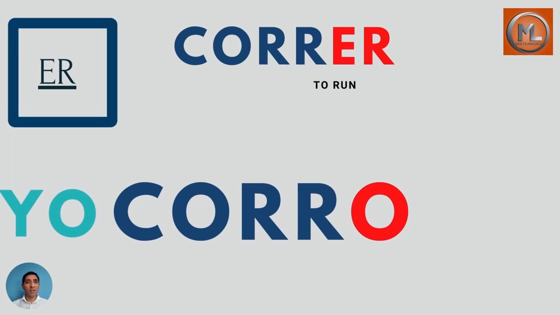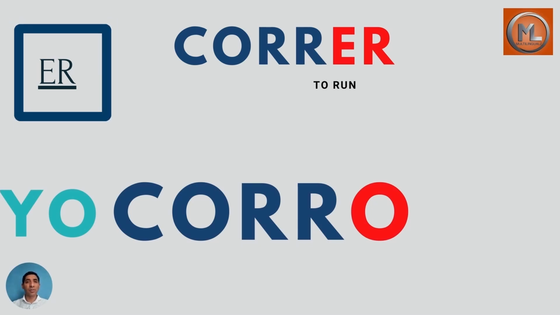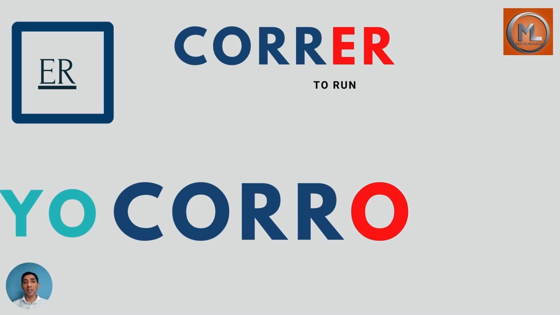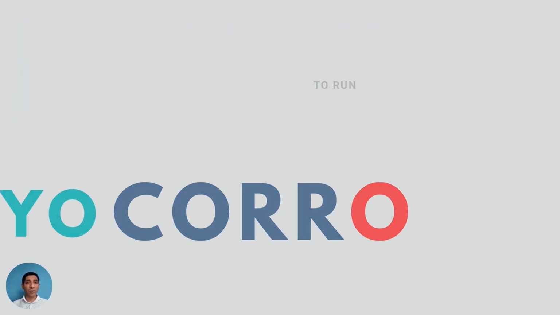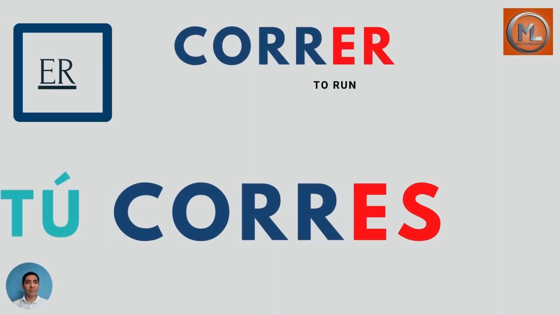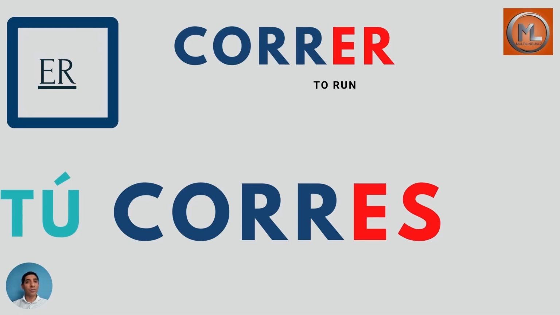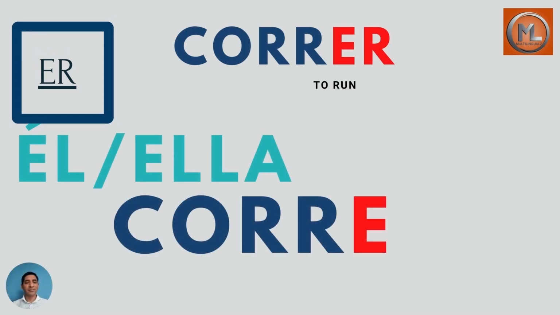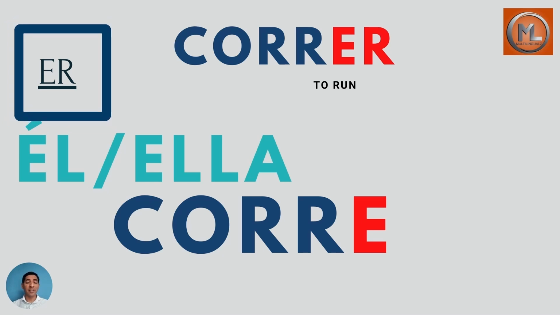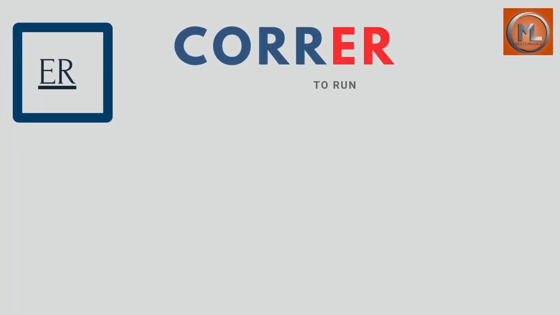Now let's take another verb, this time with the second conjugation ended in er, such as correr, to run. So the conjugation would be yo corro, tú corres, y es. Él corre, ella corre. The ending is only in e.